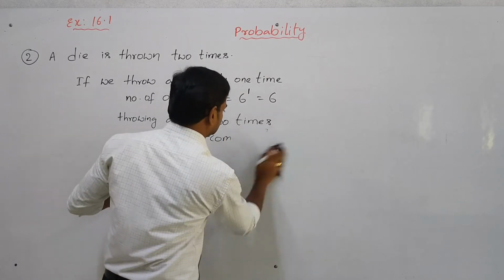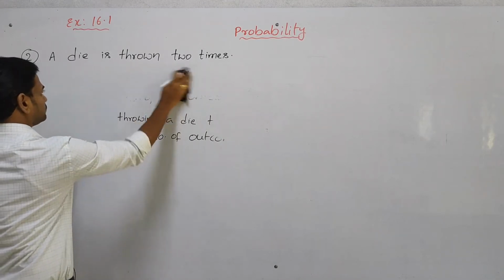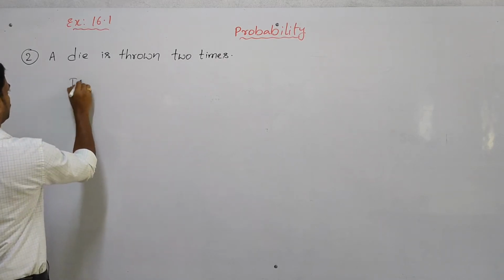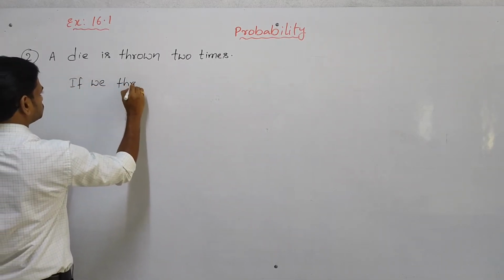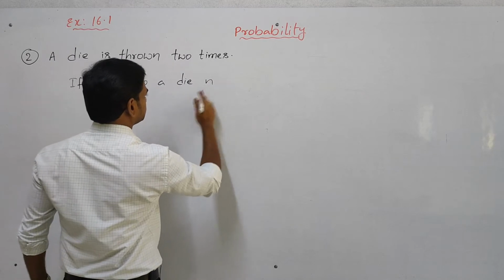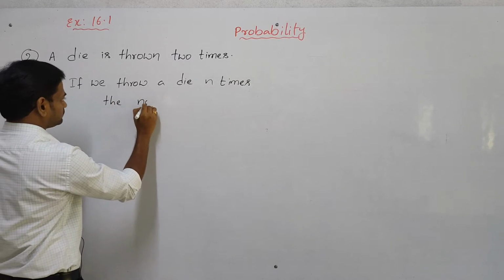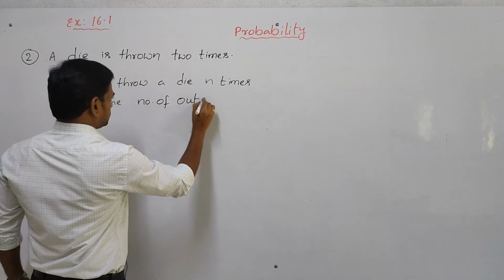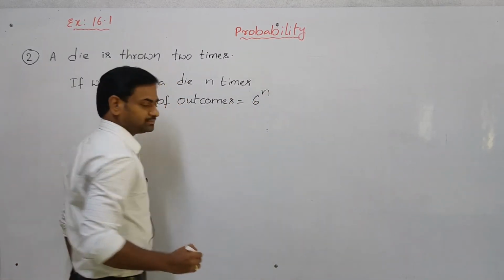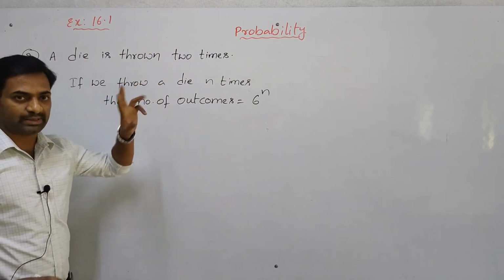So I am writing the formula here. If we throw a die n times, the number of outcomes is equal to 6 power n. Now in the given question, the die is thrown 2 times.